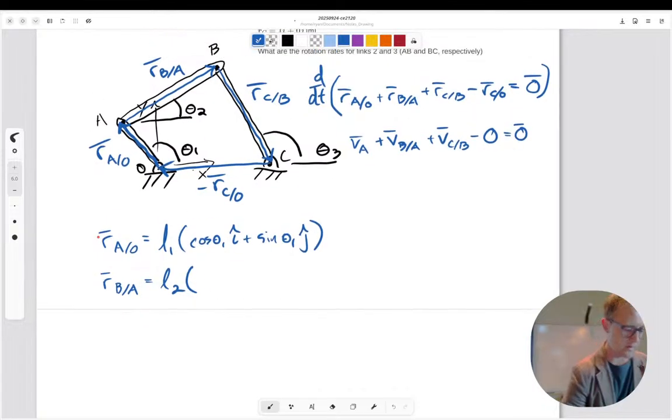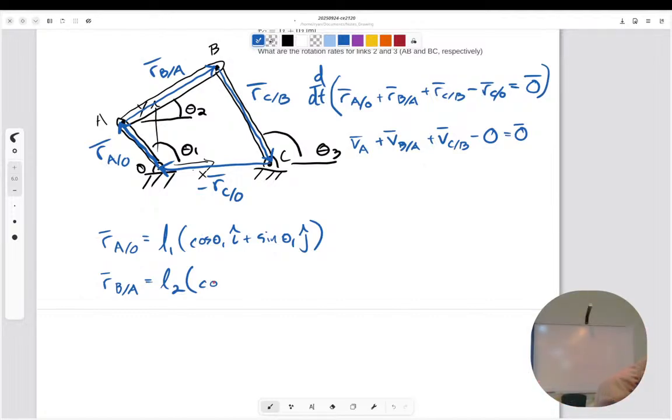I know the magnitude of RBA has to be that 1 meter. What's the direction? It's the same pattern.